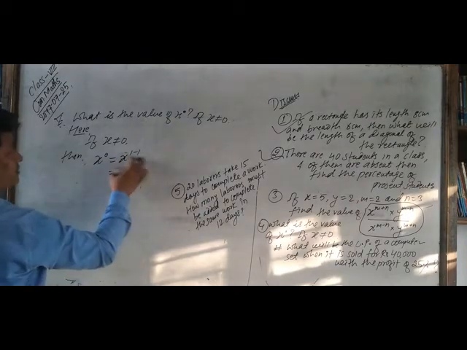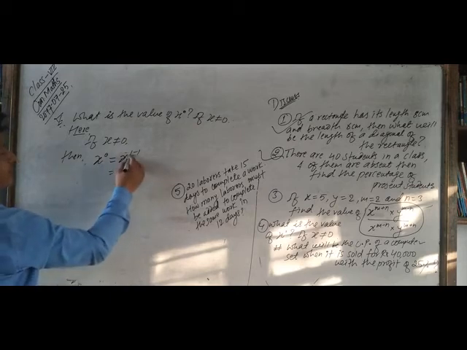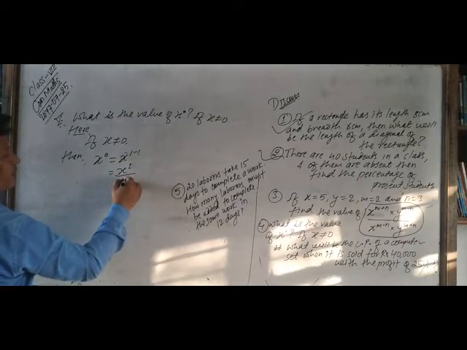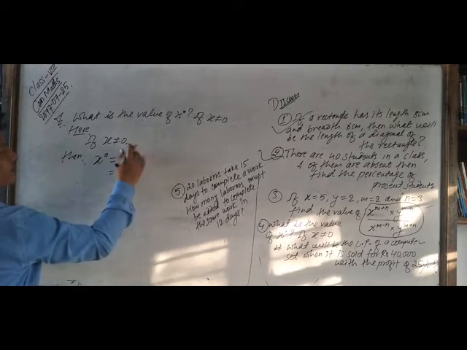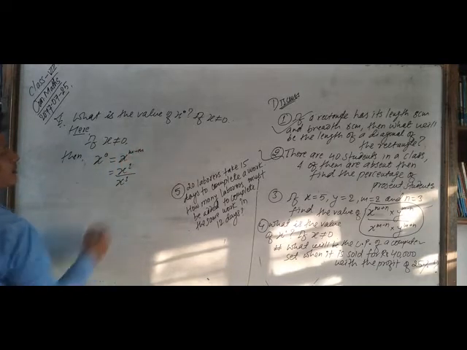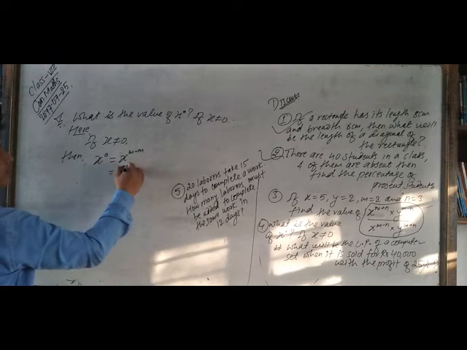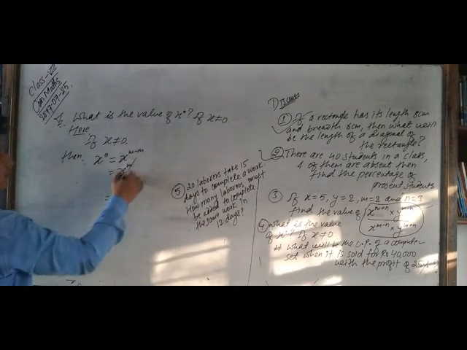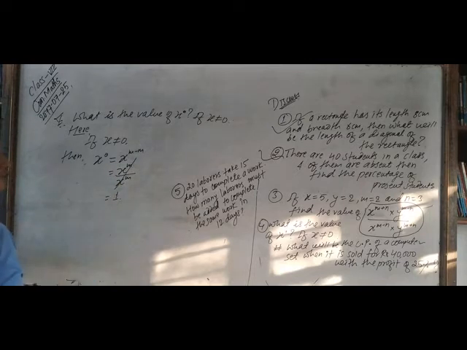1 minus 1, it is 0. So x to the power 1 minus 1, by using the law of indices, we can write here x to the power 1 divided by x to the power 1. Otherwise we can write here x to the power m minus n, so x to the power m divided by x to the power n. So by cancelling, it is 1.